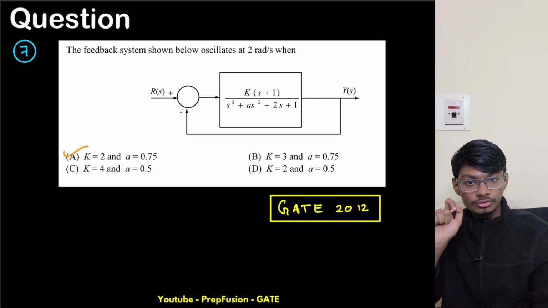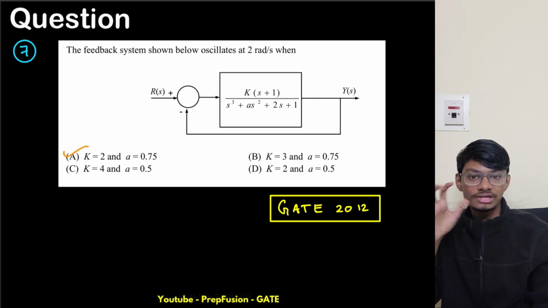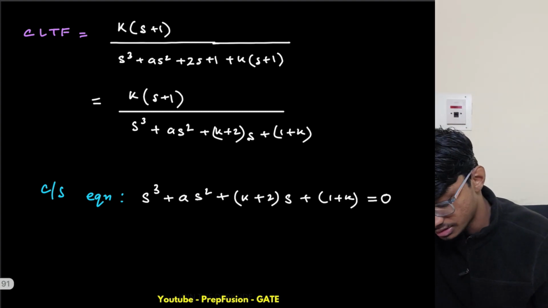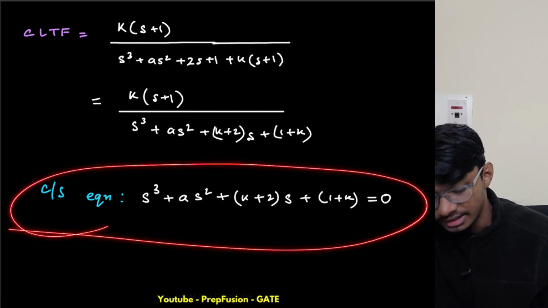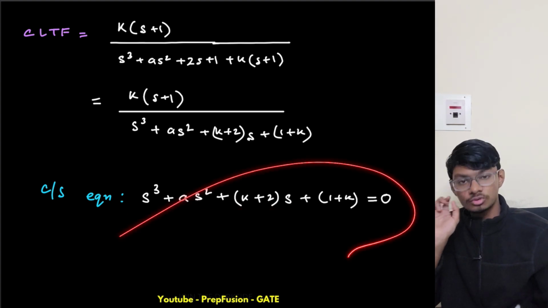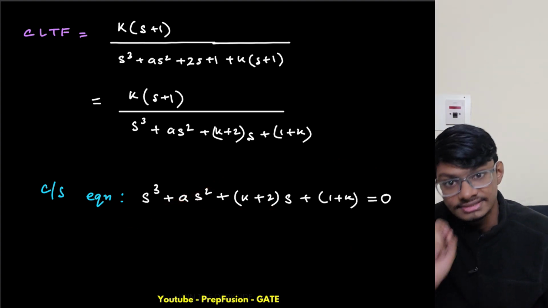Roots mean that if I put their value in the characteristic equation, the equation should be satisfied. This one is my characteristic equation. So that is exactly what I will do.